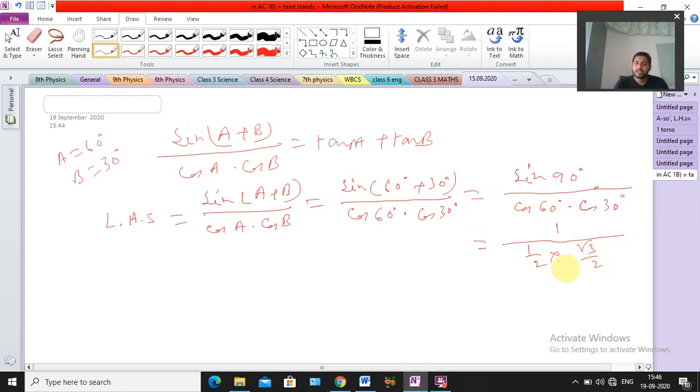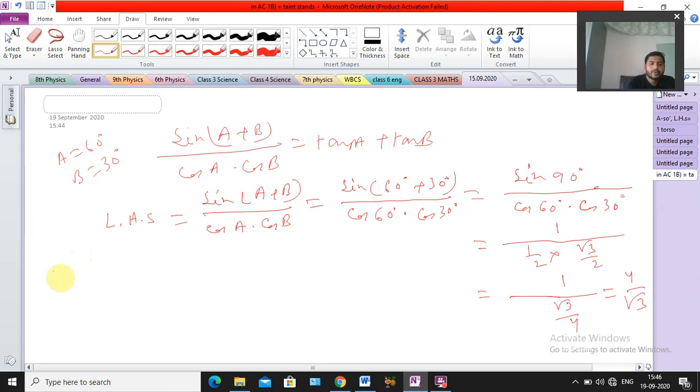So the numerator is 1 only, and the denominator is 2 into 2 which is 4, and root 3. So 4 by root 3 we are getting. This is the value of LHS.